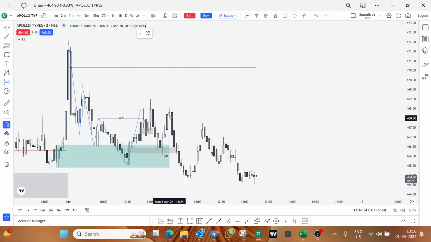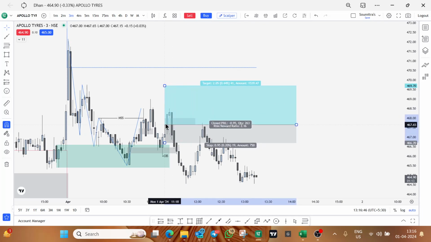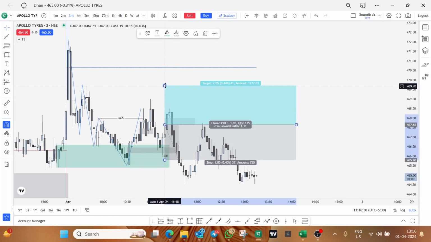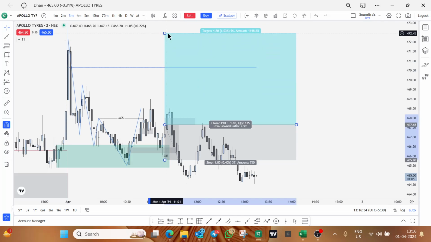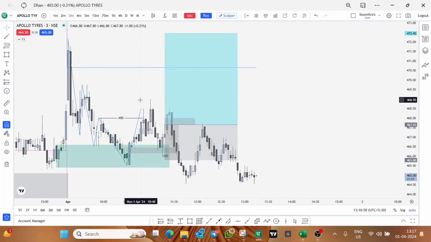Then after reaction, it created another fair value gap here, this one, and then I took my trade, I think from here, keeping my stop loss here, and this was my target, something like this. And as you can see, price just gave me stop loss here.